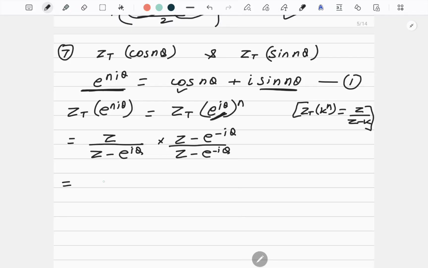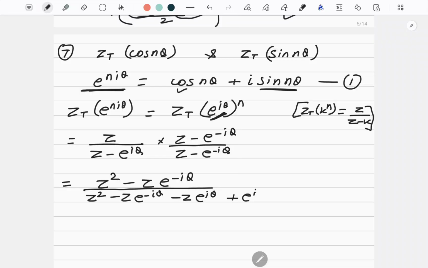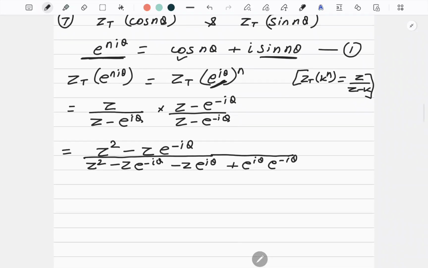Okay, now open the bracket, z square minus z e to the power minus i theta upon denominator z square minus z e to the power minus i theta minus z e to the power i theta plus e to the power i theta and e to the power minus i theta.